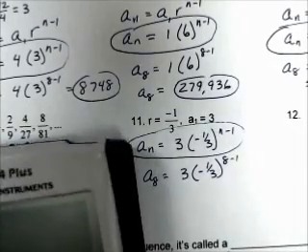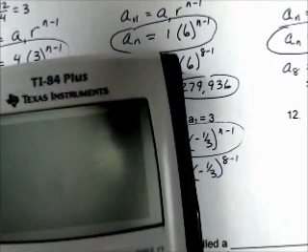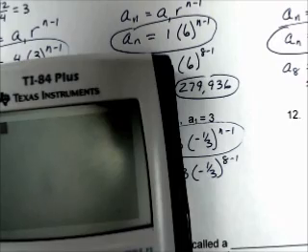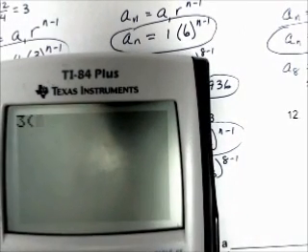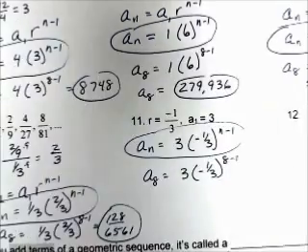Key it in exactly as it is there. It's going to be 3, and then parentheses, negative 1/3. Close your parentheses, and we're raising it to the 7th power. Negative 1 over 729.